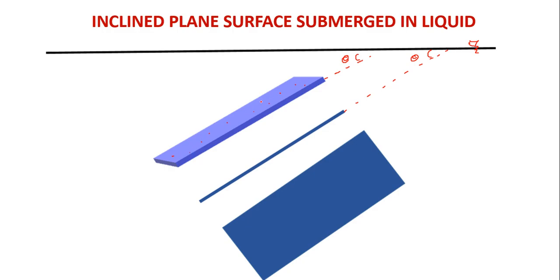This is because each point on the surface is located at a different vertical height from the free surface. We know that pressure intensity is equal to rho g h, directly proportional to h. Since each point is located at a different vertical height, the pressure intensity will not be uniform. So we will derive an expression to calculate the total pressure and the position of center of pressure.